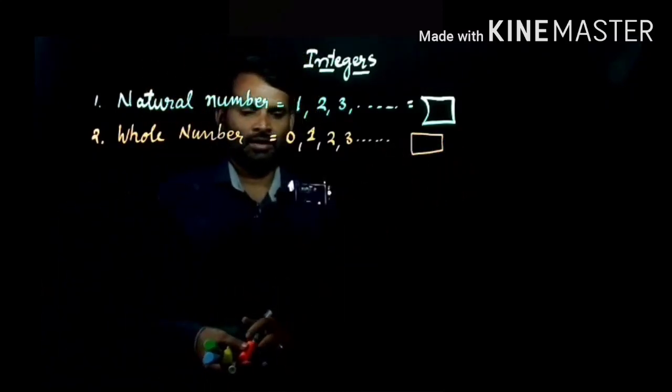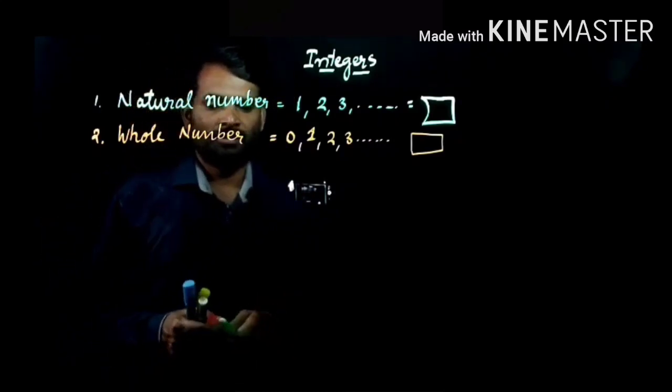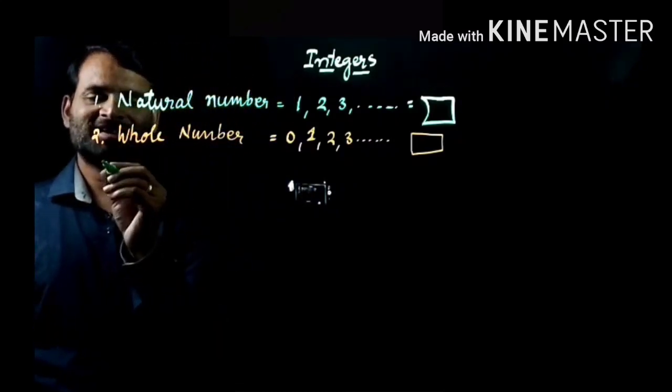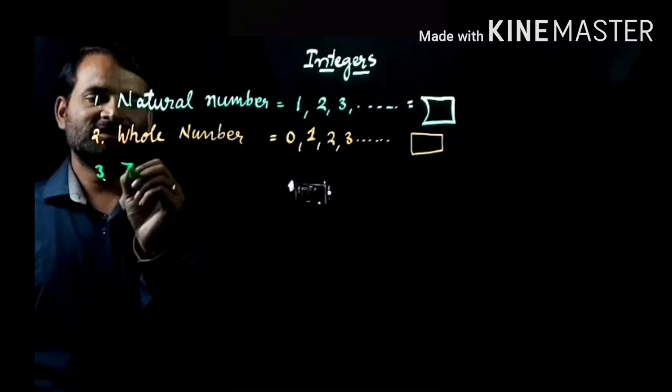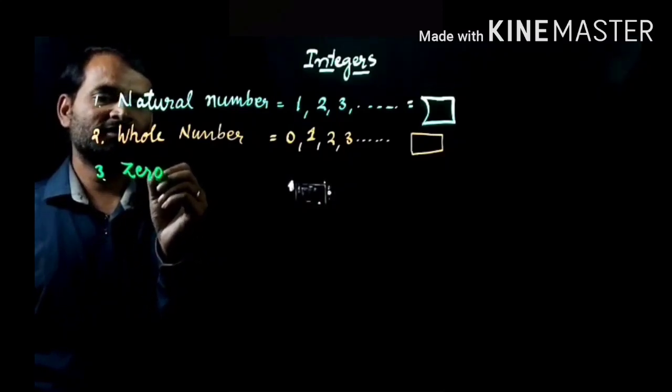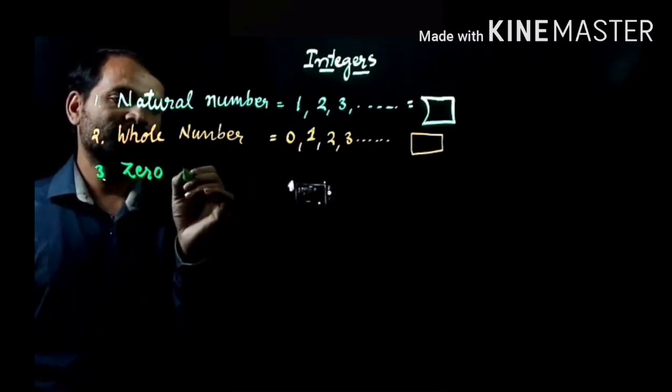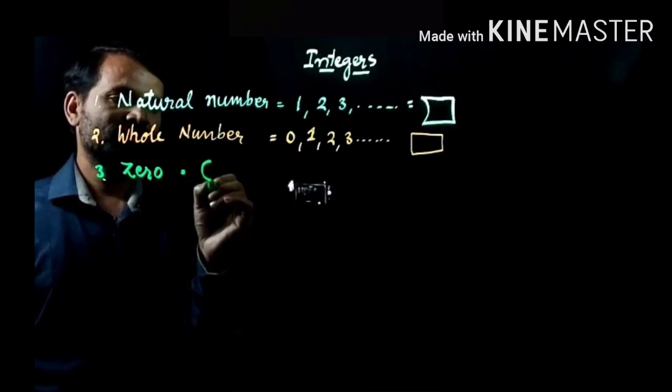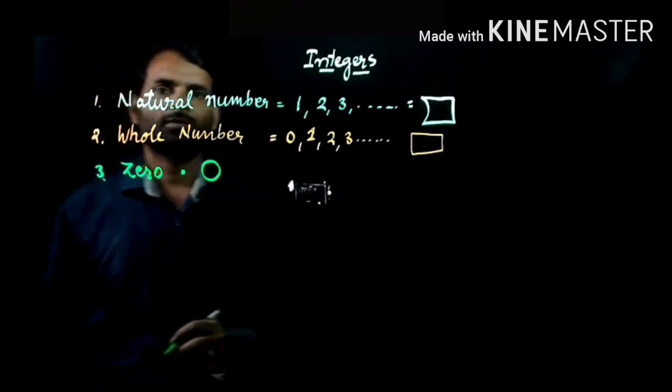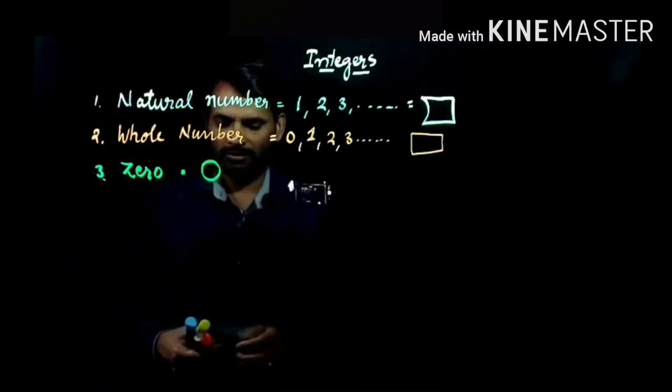And third, a very important number is 0. The sign of 0 is a circle.